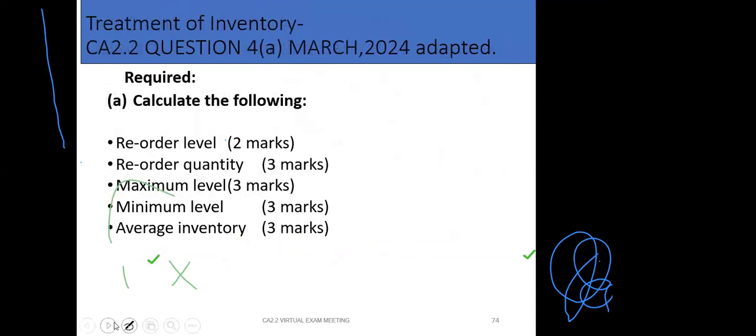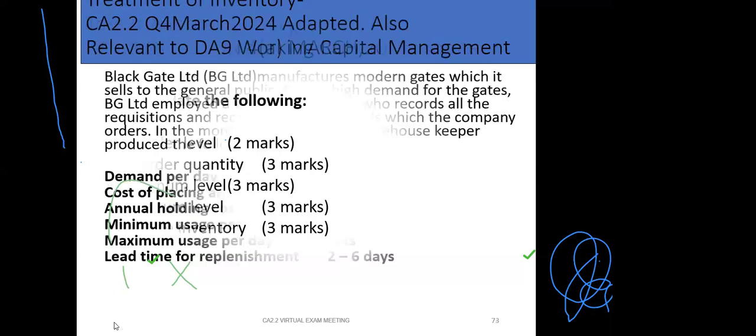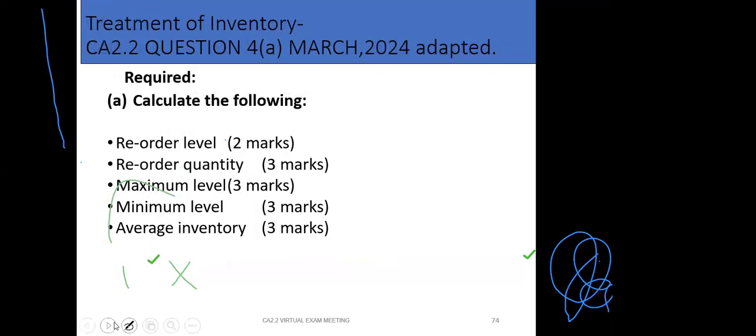It says calculate the reorder level, the reorder quantity, maximum level, minimum level, and average inventory. The total was 14 marks. This was CA 2.2, Section B, Question 4, March 2024.